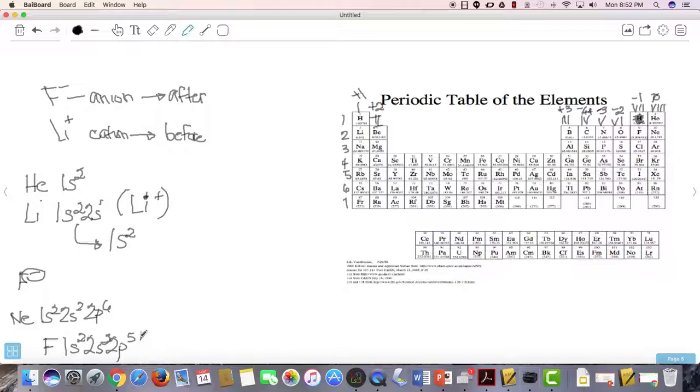So it's going to gain 1 electron to look like neon, so when it gains that electron, fluorine ion electron configuration will be 1s2, 2s2, and 2p6. Again, fluoride gains an electron. That -1 means it gains 1 electron. So it goes from fluorine atom to fluorine ion by gaining 1 electron. Let's look at another example.